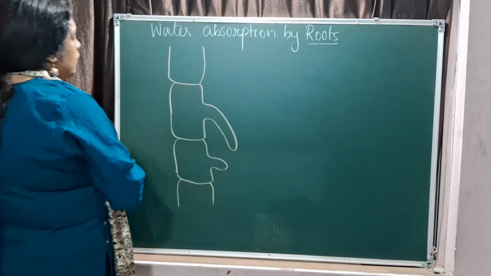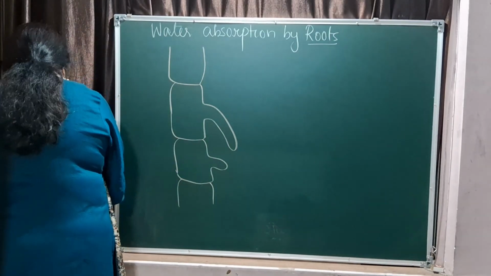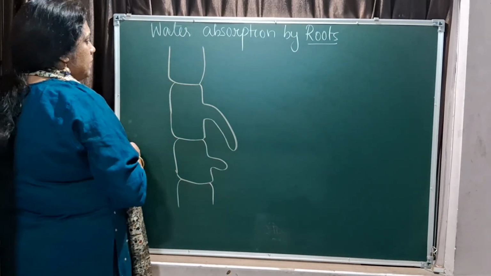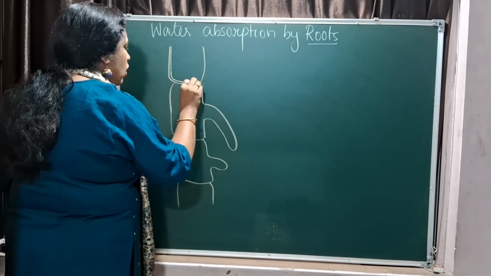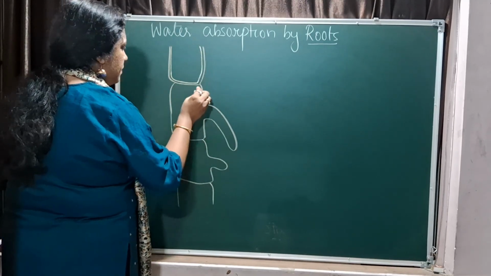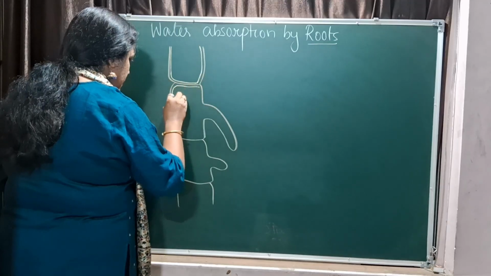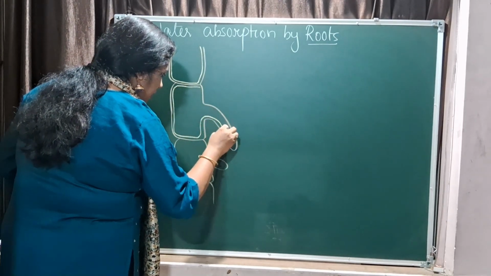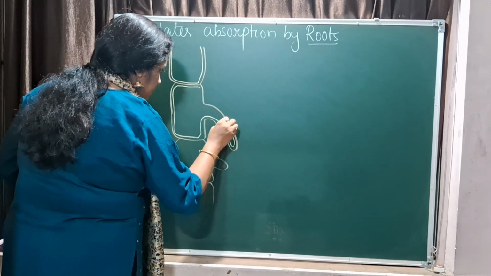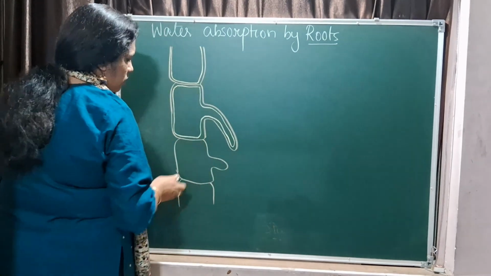Then you have got a cell membrane. The cell membrane is the second layer. So let me draw the cell membrane or the plasma membrane, sticking to the cell wall.